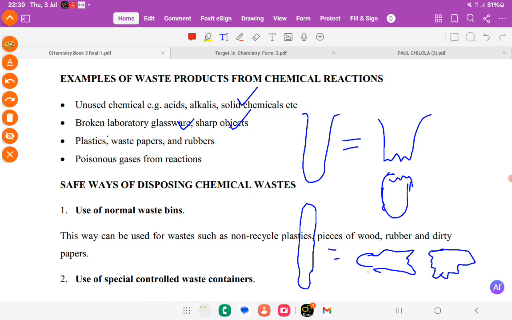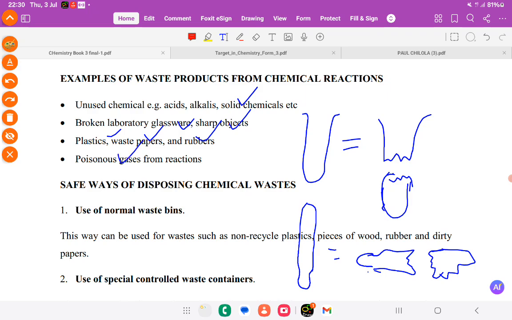Well, sometimes it can be plastic papers. Let's say maybe you broke off a package of a product from the shop, right? So the plastic containers that came with some products are considered to be waste. Papers, sometimes even the rubbers, say rubber tubings, including poisonous gases.